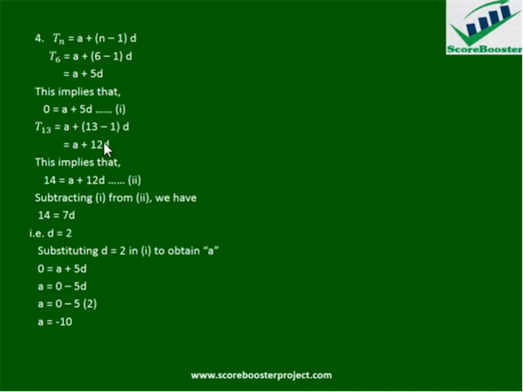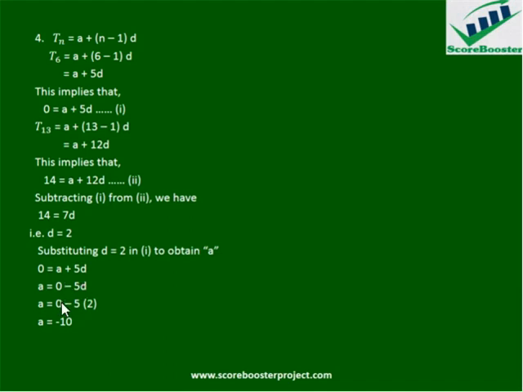We substitute into either equation 1 or 2 to get the value for the first term a. So here we choose to substitute the value of d equals 2 into the first equation, which is 0 equals a plus 5d, that is 0 equals a plus 5 multiplied by 2. Here we first make a the subject of the formula. We take 5d to this side, we have a equals, if 5d crosses to this side, it will change to minus 5d.